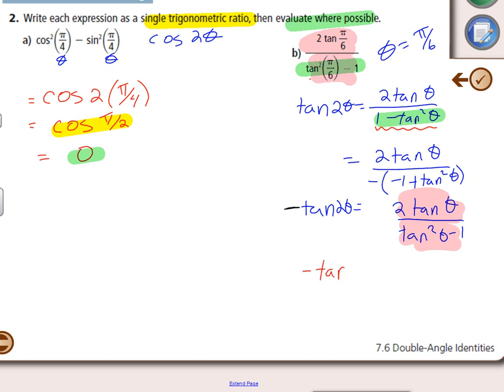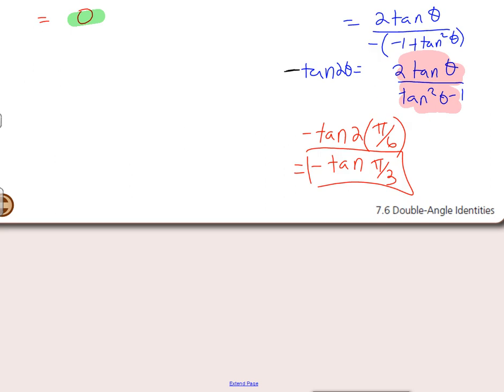Okay, so negative tan of 2, and we said pi over 6 was our number. So negative tan of pi over 3. That's our first part. That's our ratio. And now hit our unit circle. Tan of pi over 3. That's root 3, but I've got a negative in front of it. There's my value.